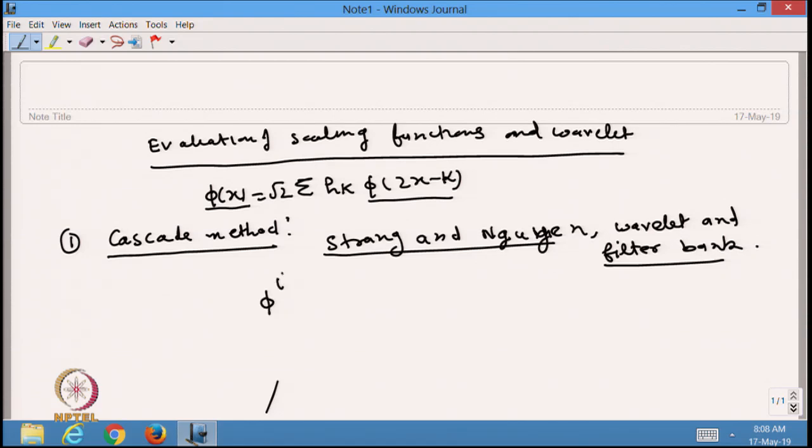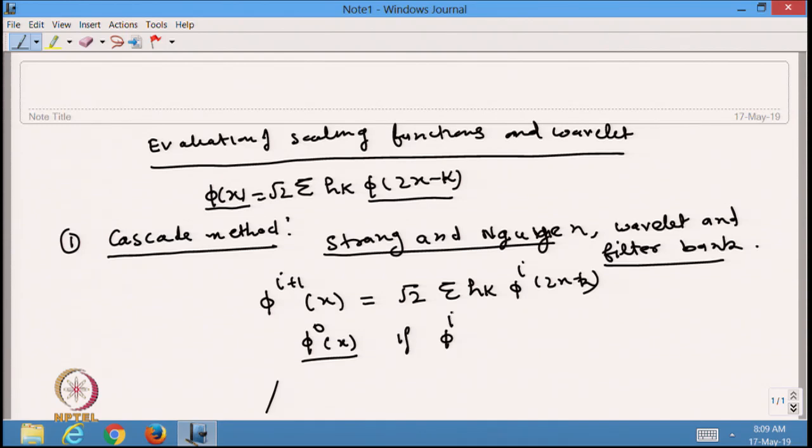So, what we are doing? We are writing this in the following fashion. We have to start with some phi naught x, that is what we always do in iterative methods. If phi I x converges to phi x, it will solve the dilation equation.